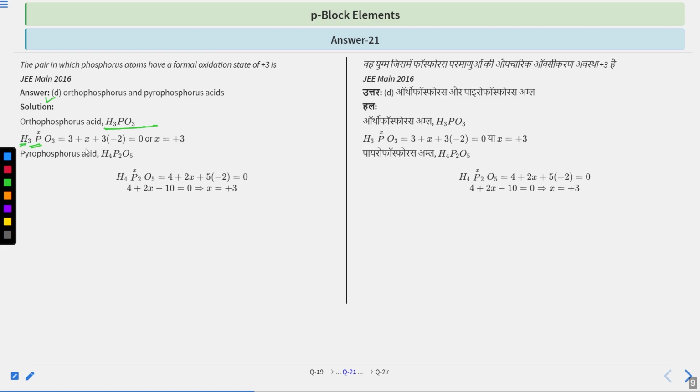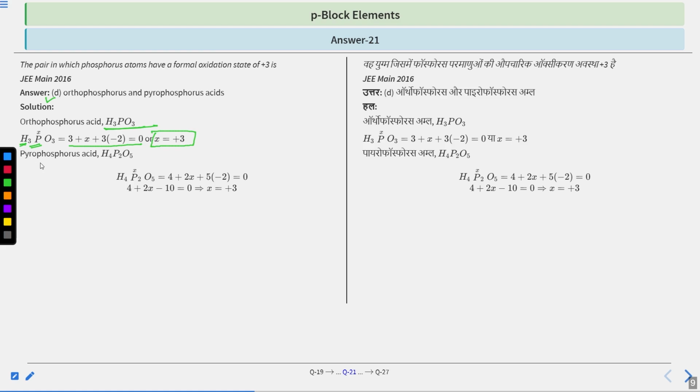So 3 plus X for phosphorus, plus three atoms of oxygen, each having -2 oxidation state, so 3 times -2, which is -6, equals 0 because our molecule is neutral. There is no charge on it. If you solve this equation, X comes out as +3.